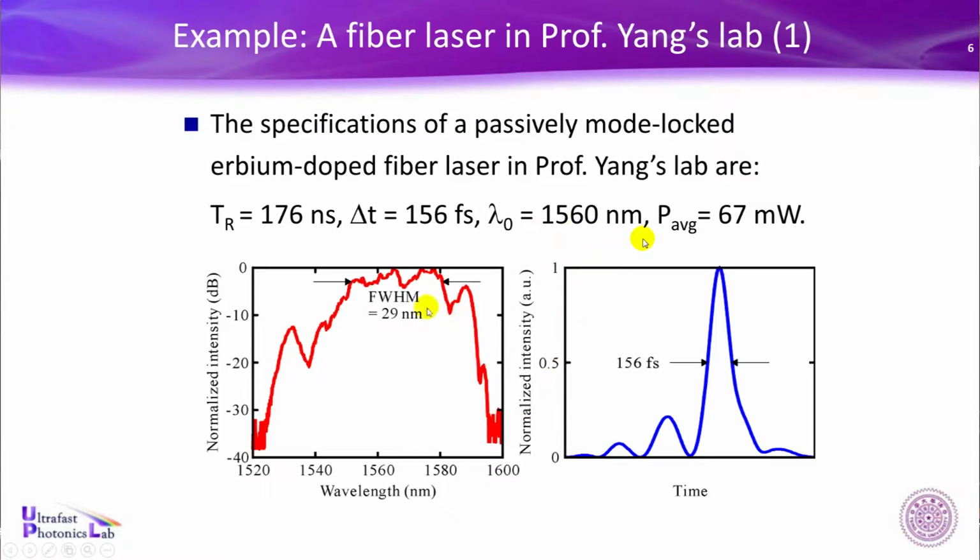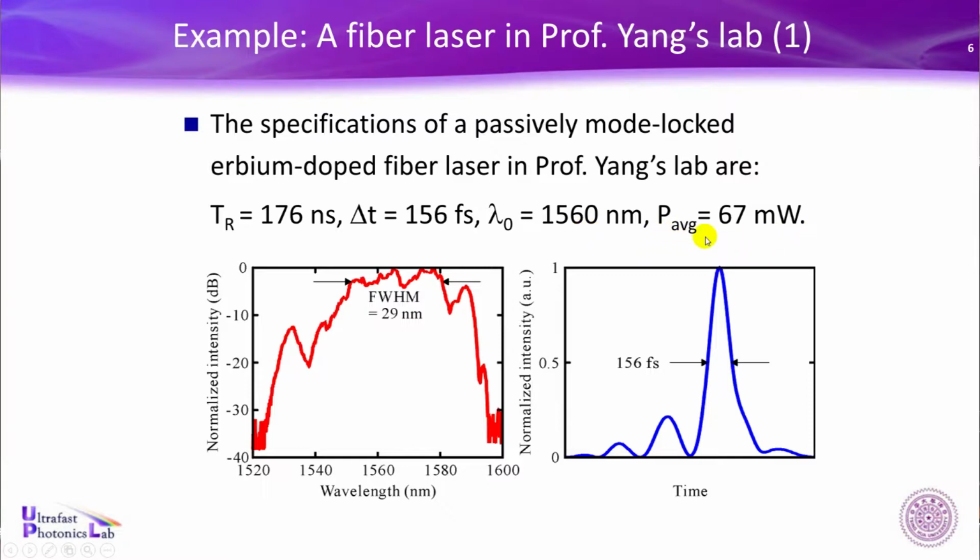The central wavelength is 1560 nanometers, as shown in this figure. You can use an optical spectrum analyzer to directly measure the power spectrum of the laser pulse. You got this one. Central wavelength is about here, 1560 nanometers.